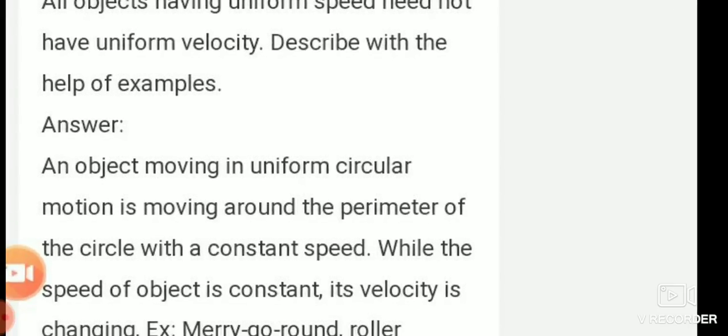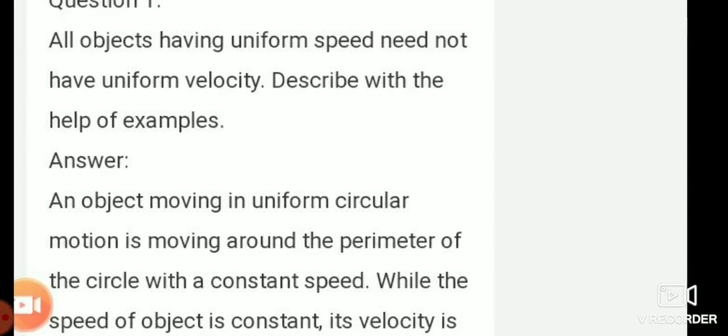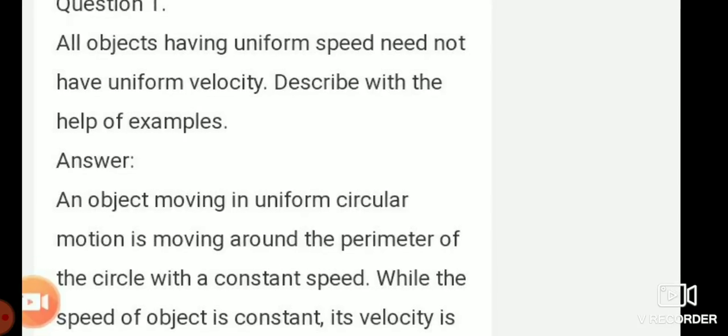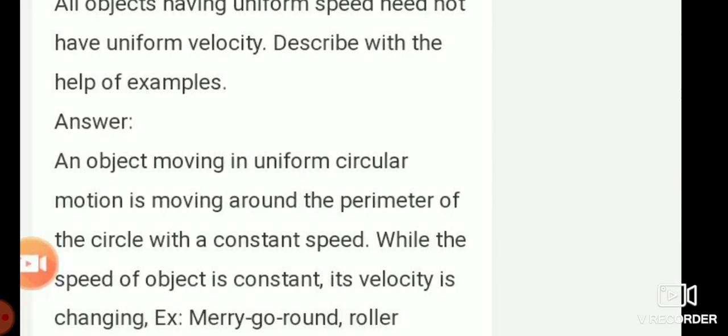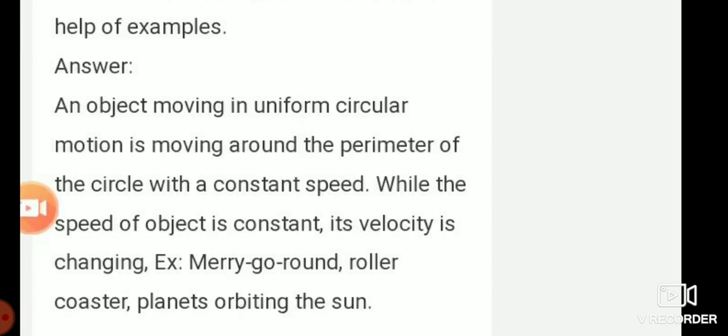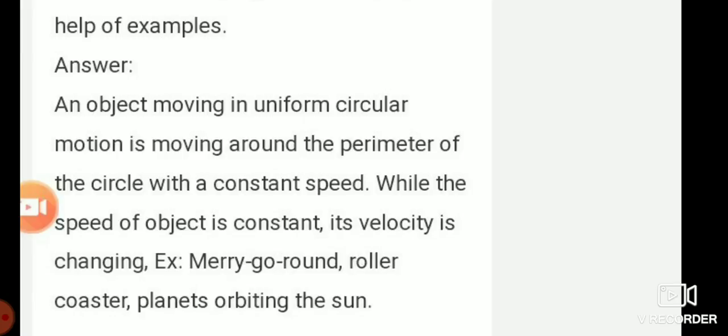Now you see here an object. Write the answer, children. Look at your book and write the question, then write the answer only. An object moving in uniform circular motion is moving around the perimeter of the circle with a constant speed.